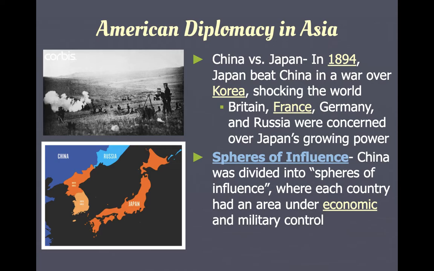They owned all the factories and all the businesses there. They had a military presence to protect their economic interests as well. In addition, China had a military presence as well, not nearly as large, but the Chinese still control that area. Okay, so that's what's going on there.